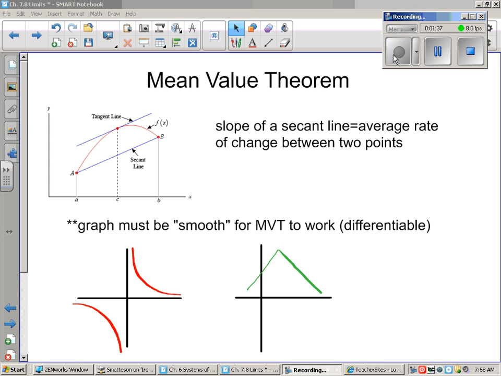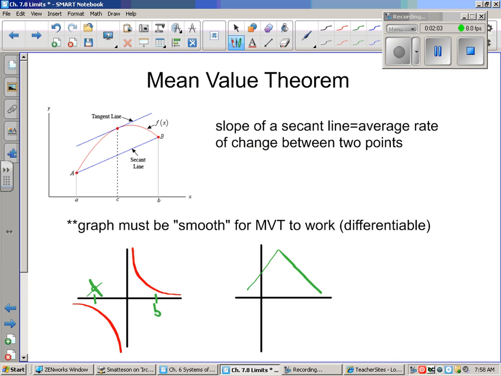But to describe it, the best way to picture V-shaped graphs is as two lines. Either way, you can tell that in each case, if my interval from A to B went on each side of this gap, so if this was A here to the left and B to the right, then the mean value theorem would not work.